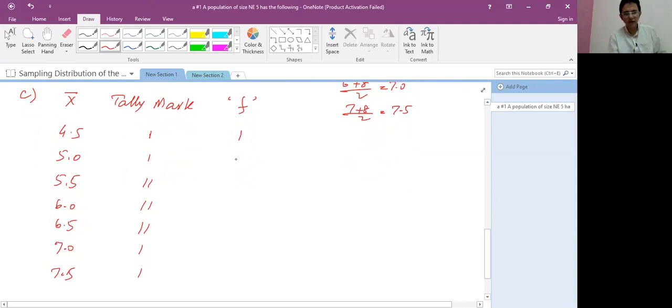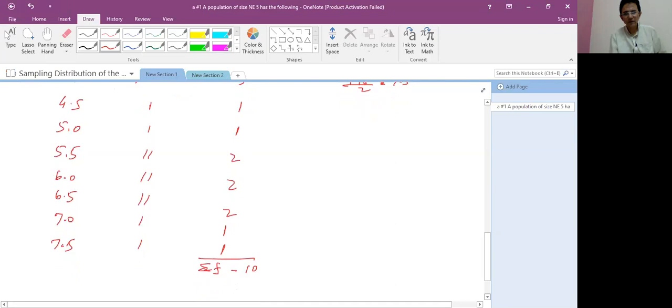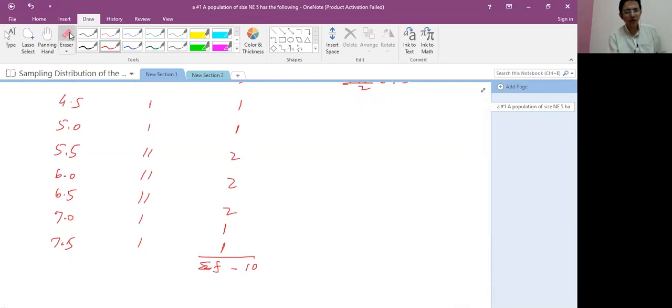So we write 1, 1, 2, 2, 2, 1, 1. When we add all of them, it is 10. This is called summation of f, the total frequency, which is similar to the number of possible samples.